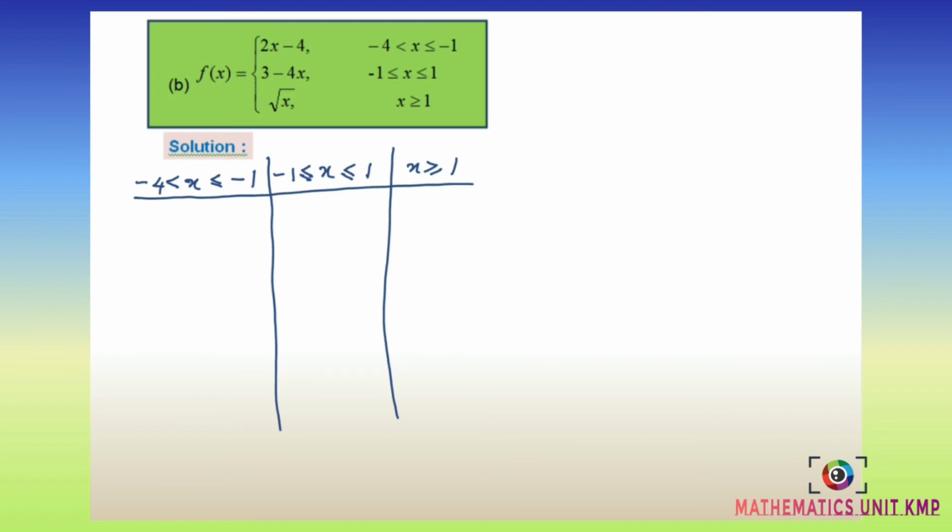For the first column, y equals 2x minus 4, the linear function. The graph intercepts the y-axis at -4, and the graph is increasing.